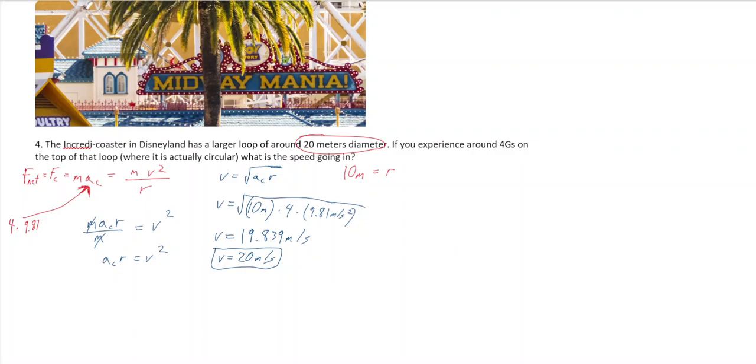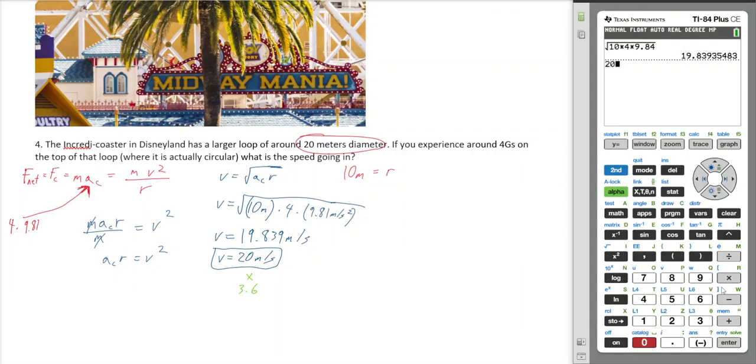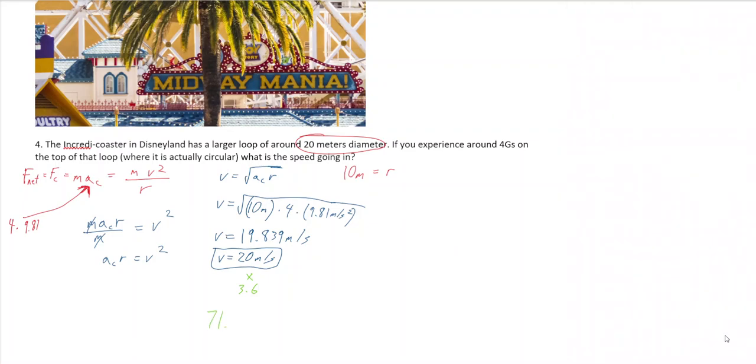But let's get it into kilometers per hour, just to give you some idea of what that would look like. Actually, that times 3.6, and we get 71.4 kilometers per hour.